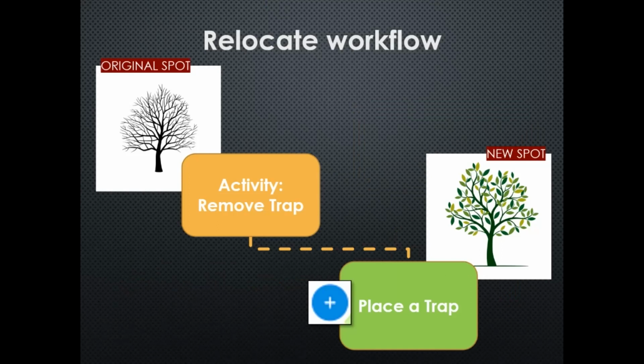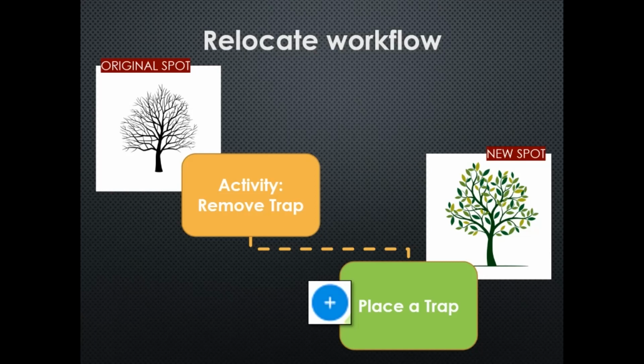And that means that that original trap site is going to stay on the map. Sometimes people think, well, I've entered an activity of remove, that symbol should disappear, but that's not true at all. In fact, it is correct that that symbol remain, and it's important to data entry history because it is the entire history of that trap site with the last activity being that it was removed.